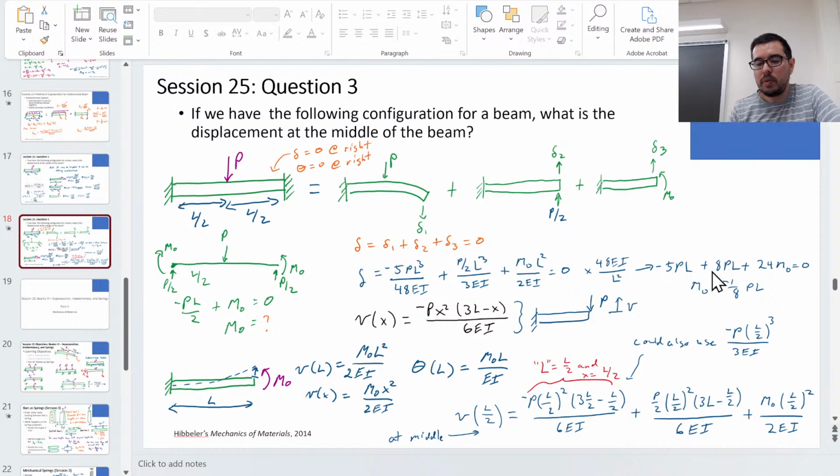After we've used superposition to figure out M naught, that's nice. But now we have to figure out what's happening with the deflection across the beam.